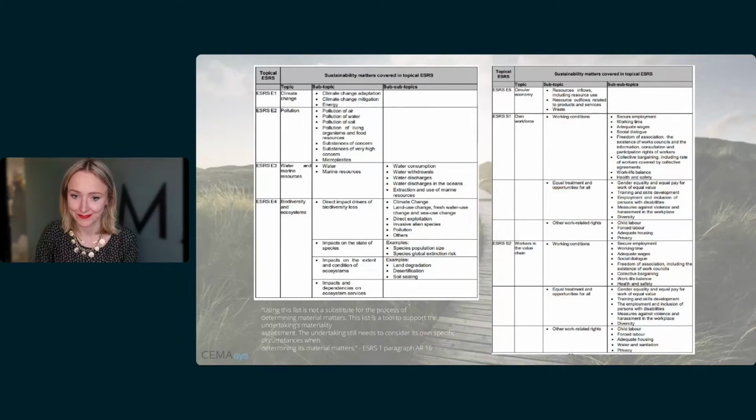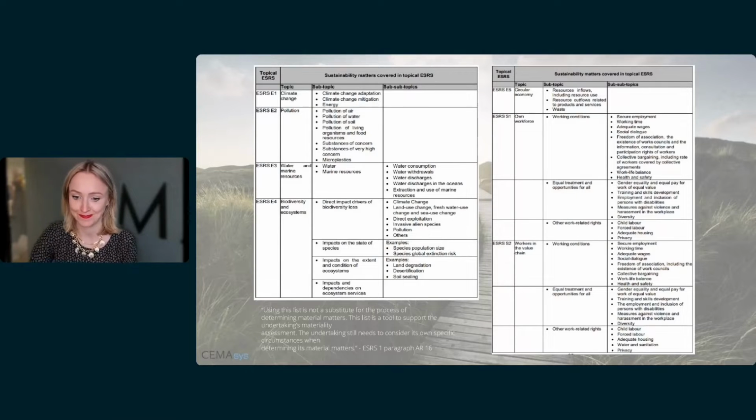Here is the list that I talked about with all the sustainability matters on topic level, subtopic level, and sub-subtopic level. I'm not going to go through the entire list, but as you can see, it is quite extensive, and it is best practice in a double materiality analysis to actually go through each and every single one of these to ensure that you have covered what you should cover.